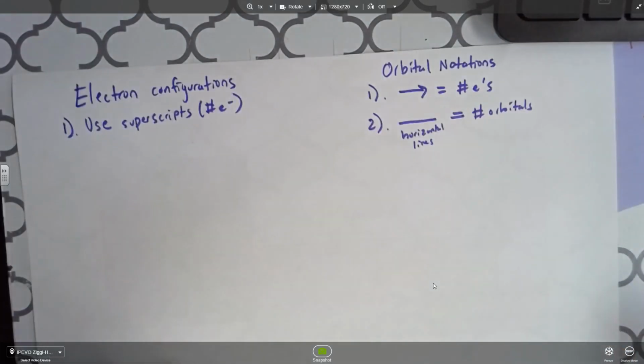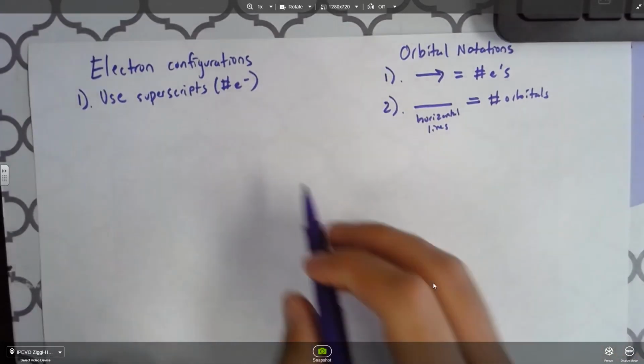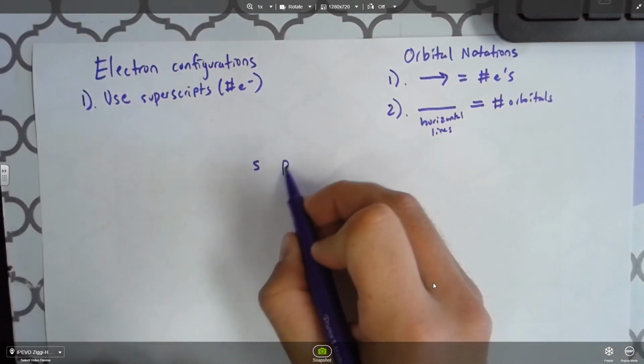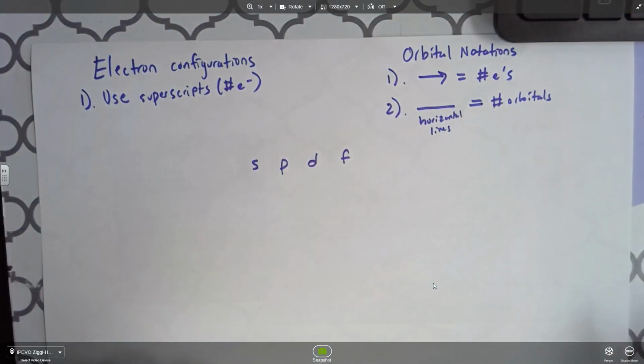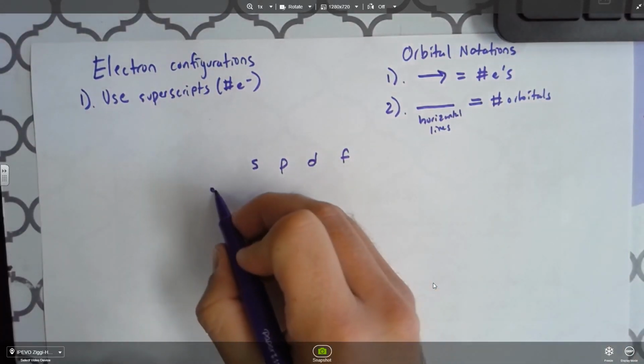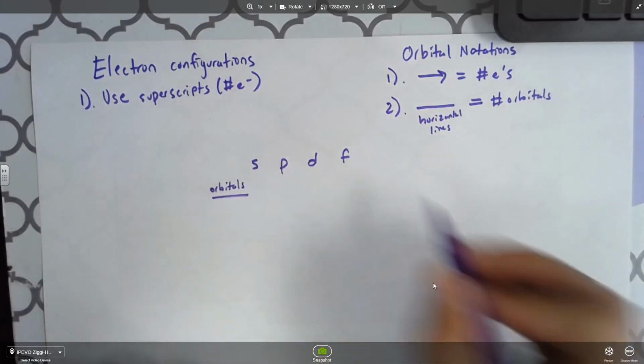Okay. In the past couple of days, we have talked about a nice chart that we have used. We've used S, P, D, F. These are the four subshells that we use.